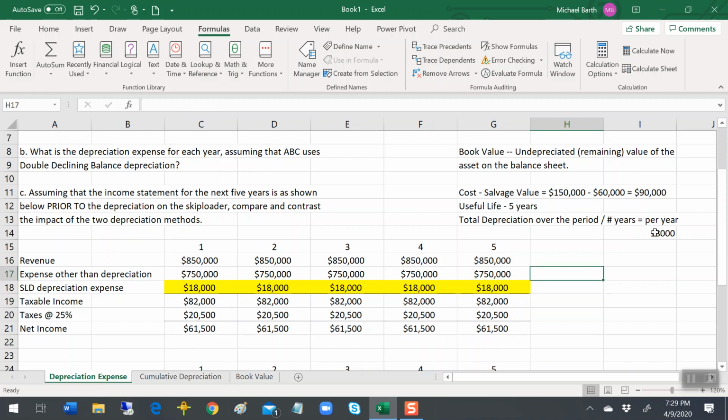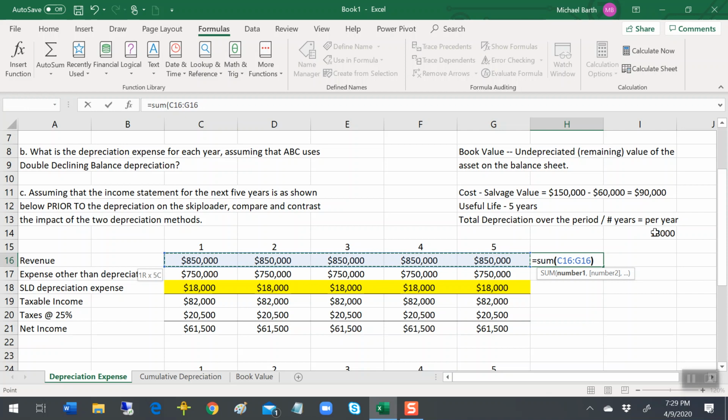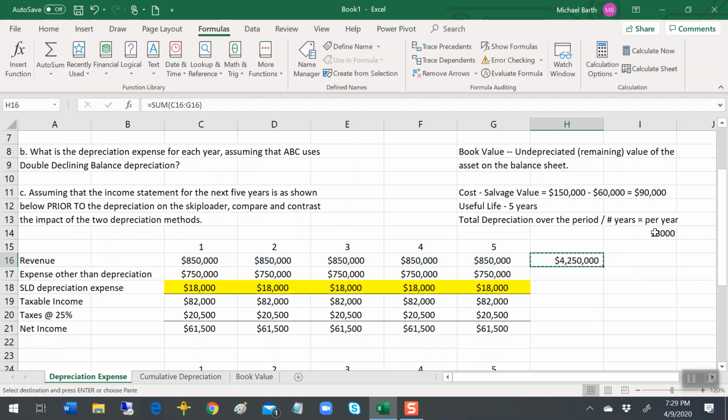All right, so if I look over the entire 5-year period, I would have had $4.25 million in revenue, $3.75 million in everything other than the depreciation. Depreciation's $90,000. Taxable income $410,000.